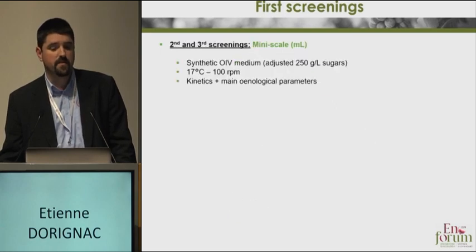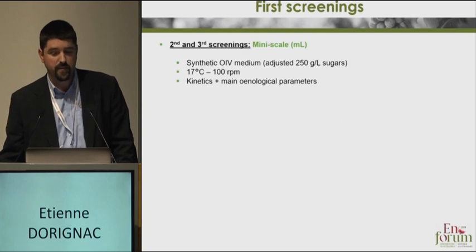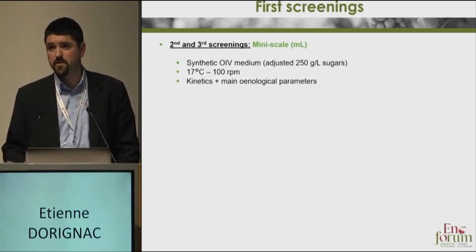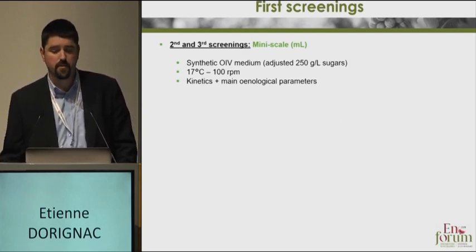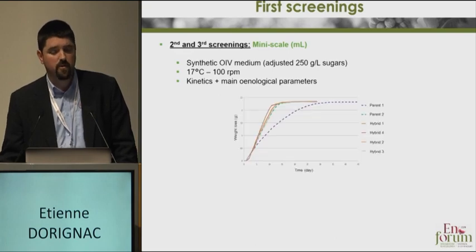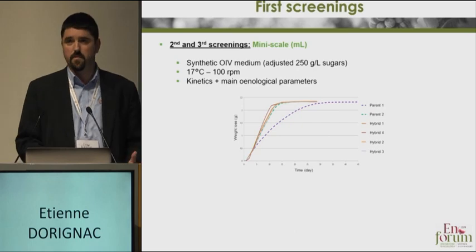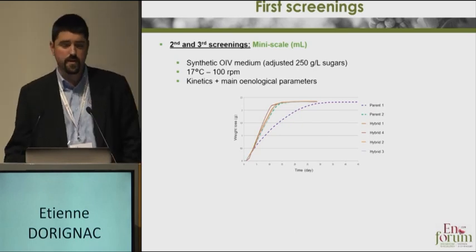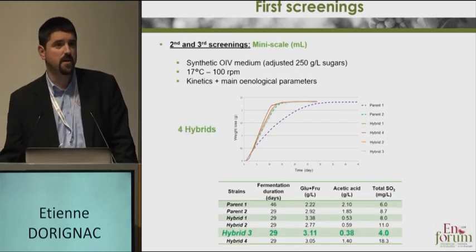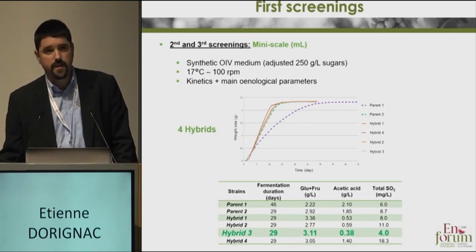And then we started mini-scale vinification. Mini-scale means a scale of about 2 milliliters, on synthetic OIV medium, and under these conditions we tried to see the main parameters. What we saw is that we reduced these 88 strains into 4 quite interesting hybrids.